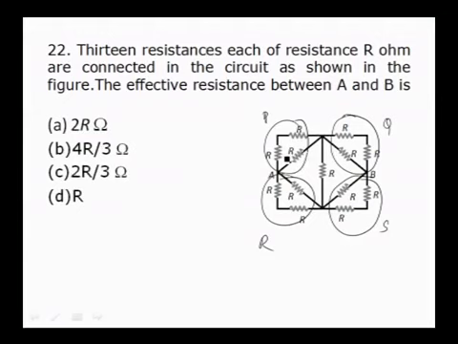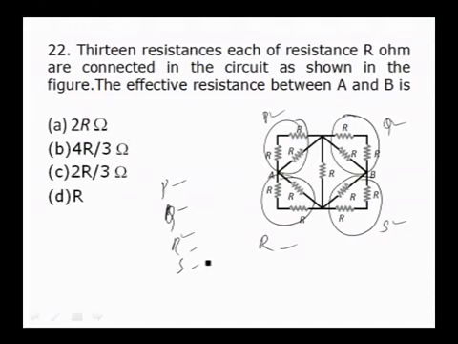It means whatever the effective resistance is, these are identical. When all the resistances are identical in the four arms of the bridge, then this bridge is balanced. Therefore, the equivalent resistance is equal to any one of them, either P, Q, R or S. Any one of them has the same equivalent resistance.